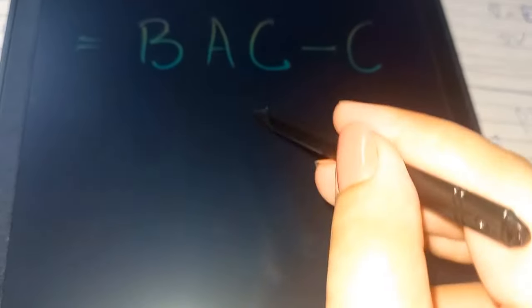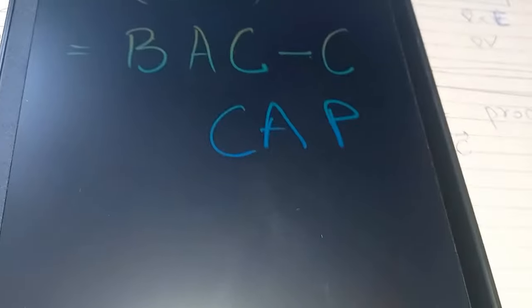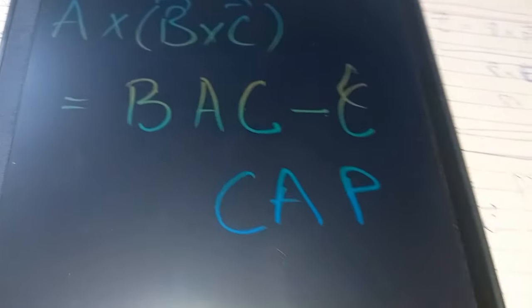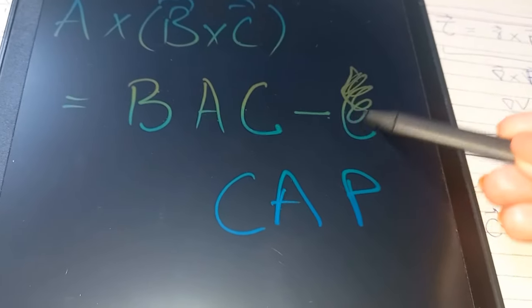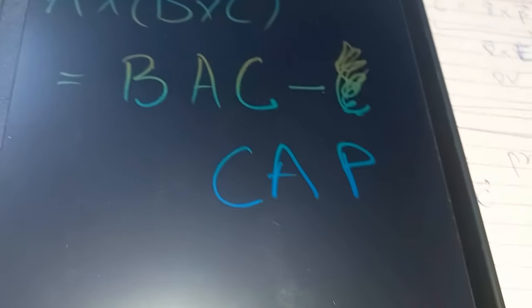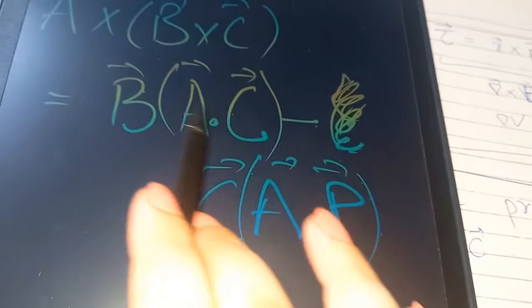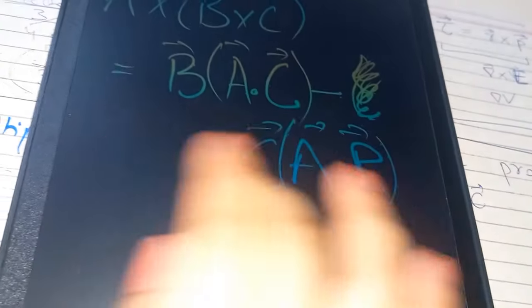I have to write it here. There is no option to erase, to rub it, that is why I have to. So back cap rule, where is the position of dot and cross? There is a bracket here, there's a bracket here, the first one is left, with a dot in between them. Now let's write vectors on them. They're all vectors, and there's a dot between the second ones. This is the back cap rule.